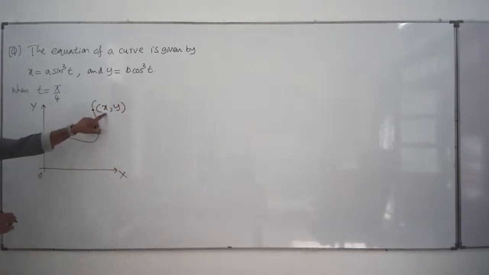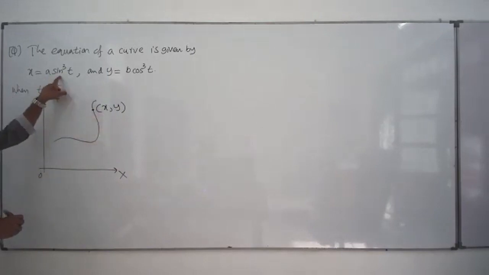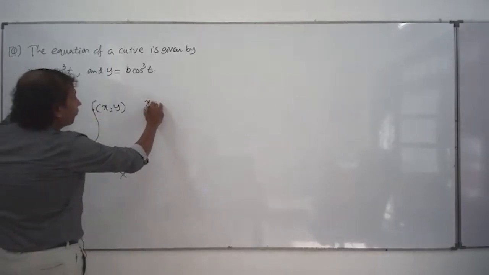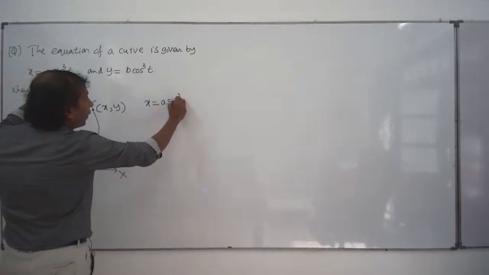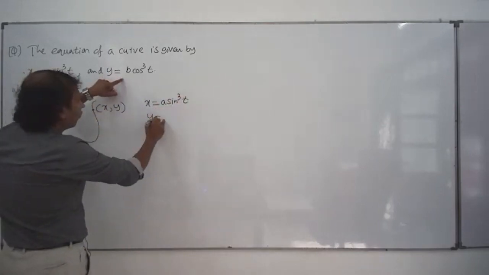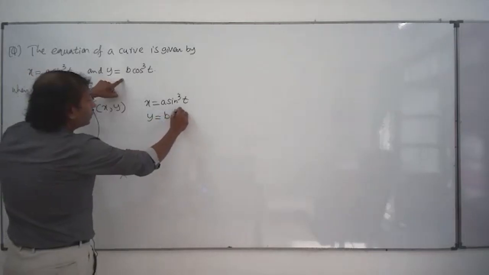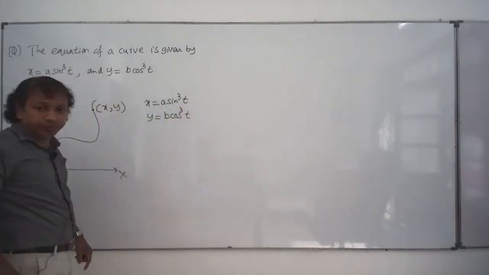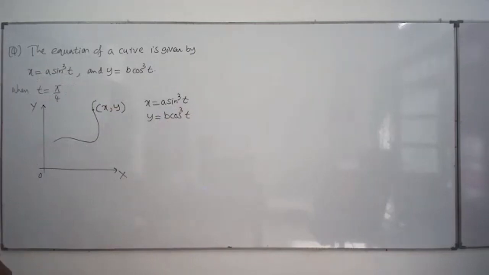Then the x coordinate is given by a sine cube t. The y coordinate is given by b cos cube t. Understand? That's the meaning.